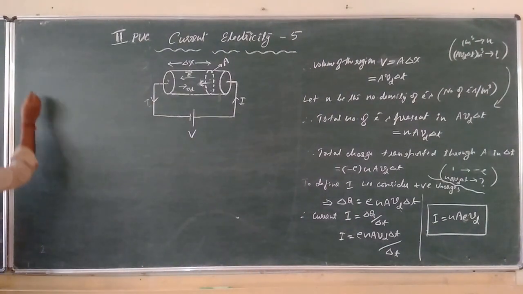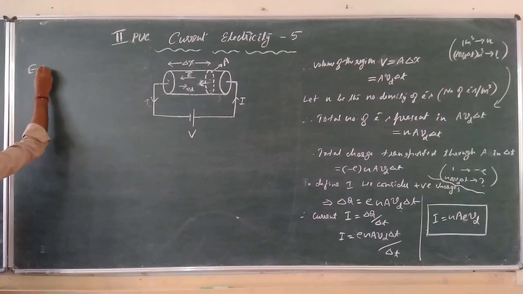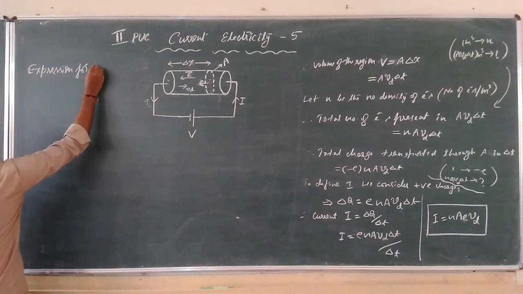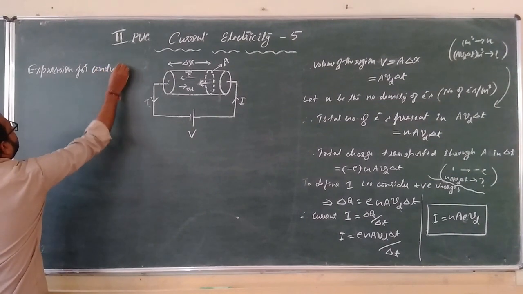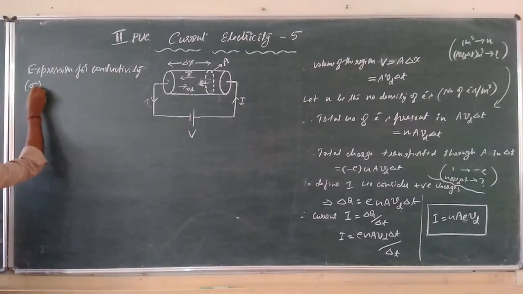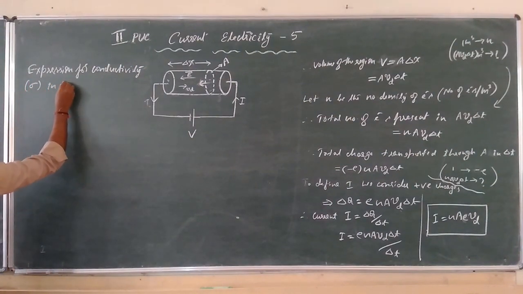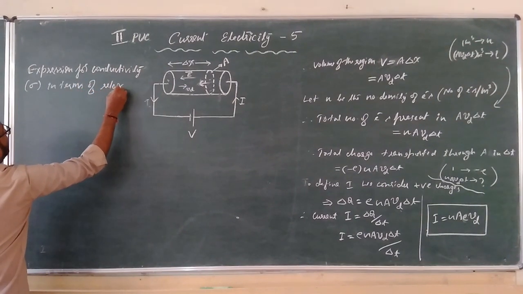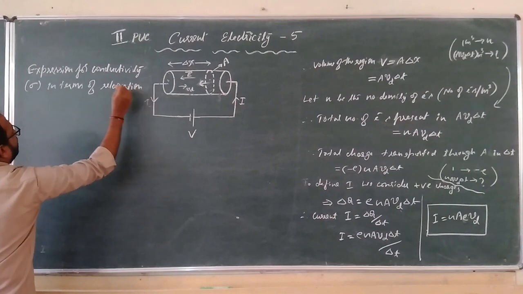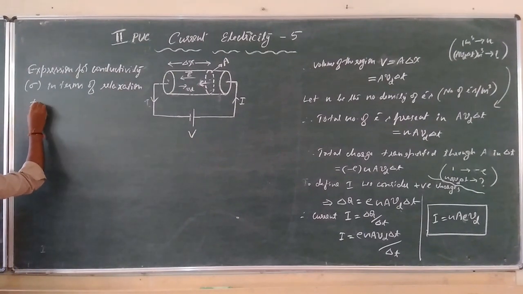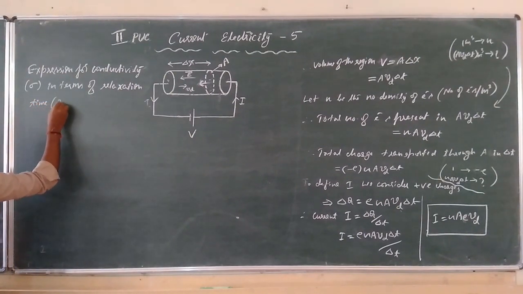Expression for conductivity of the material of the conductor, that is sigma, in terms of relaxation time, that is the average time interval between two successive collisions, relaxation time tau.